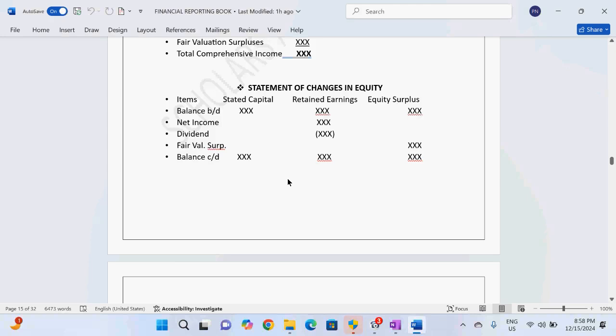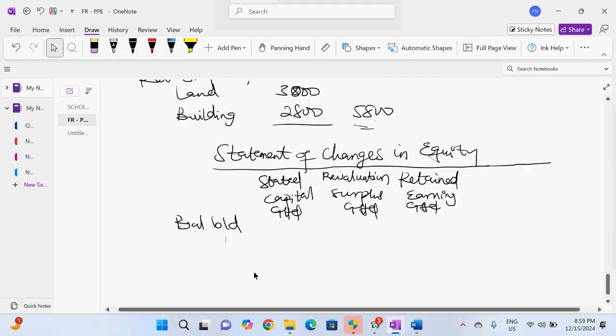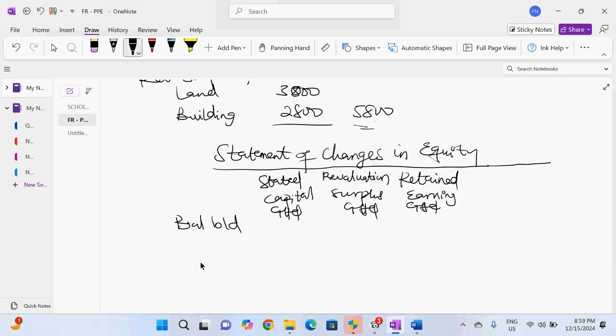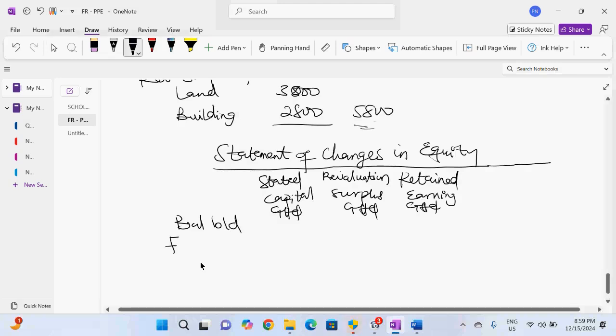What is the amount for the revaluation surplus? 5,800.